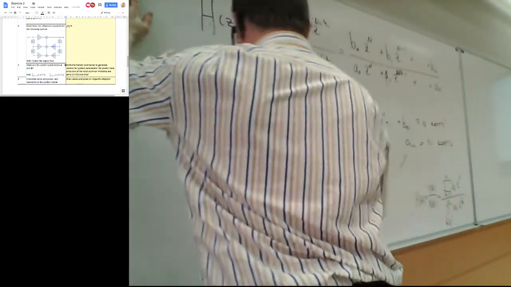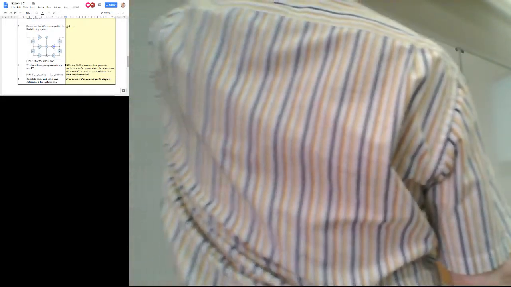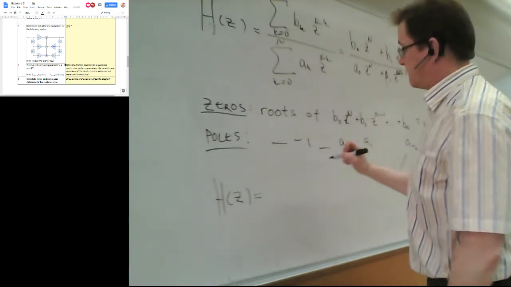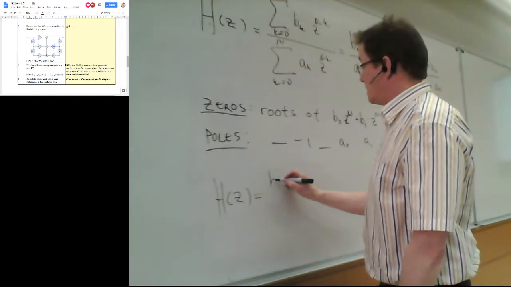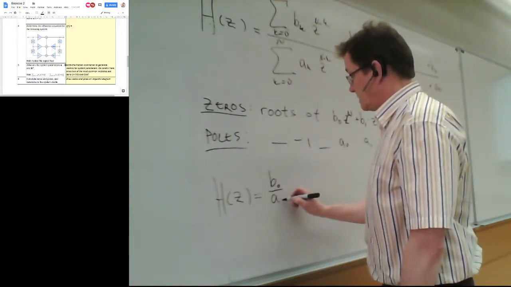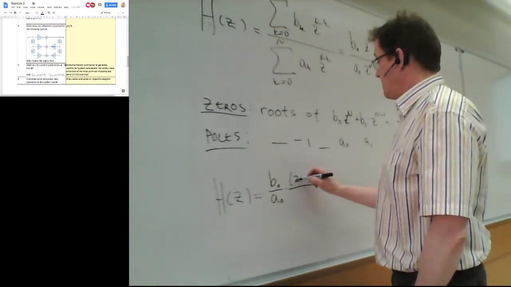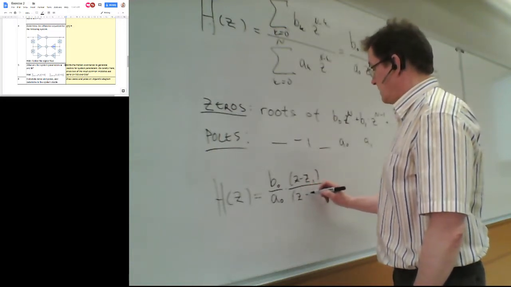But anyway, we have n roots, which means that we can also define H of z using the roots instead of this kind of sum. So we have the gain factor b0 divided by a0, and then we have z minus z1 divided by z minus p1.